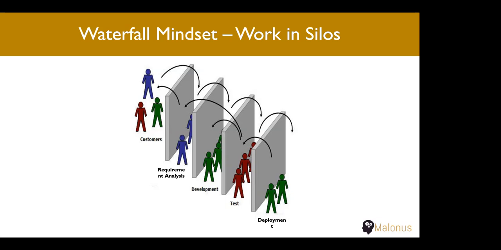All those problems are happening because of the way the teams are structured. When you structure teams based on department, these problems are bound to happen. It is not just in the waterfall world; any teams divided into different departments are bound to have these kinds of problems.